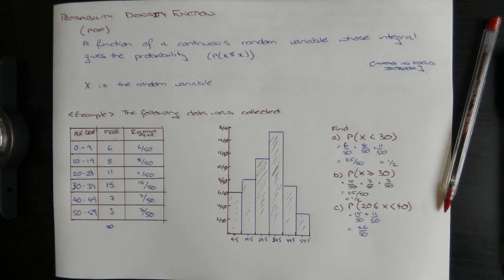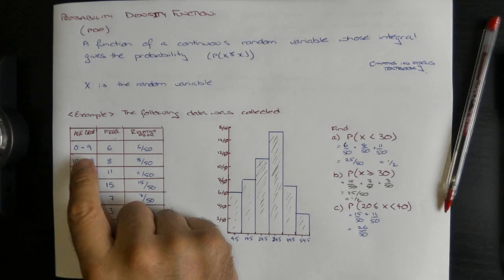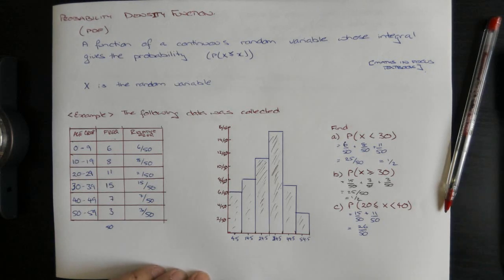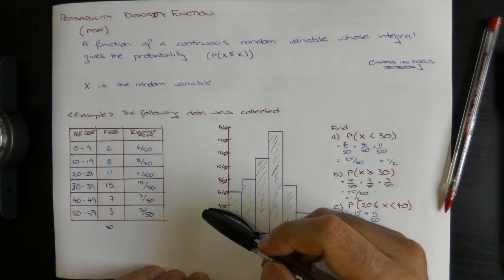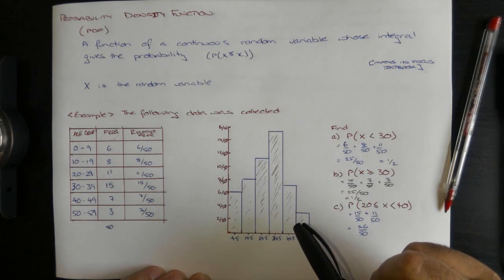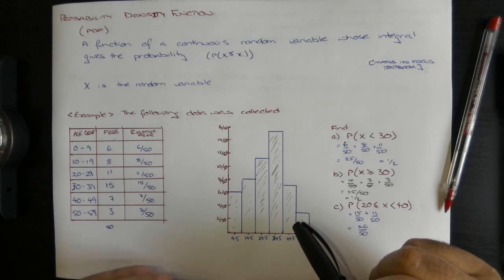We can get more accurate if we reduce the group sizes. Rather than them being from 0 to 9, I can maybe go from 0 to 5, and I'll get more information. This helps, but it's not the most appropriate or useful tool.